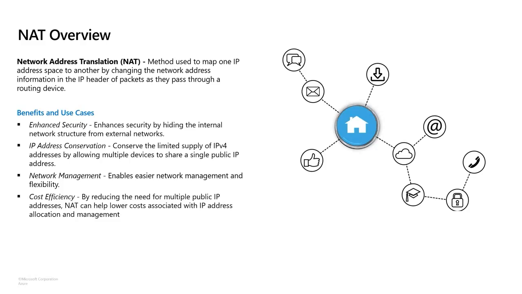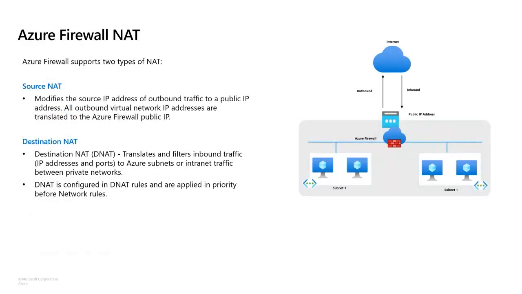Having refreshed ourselves about NAT, in this next slide we take a look at Azure Firewall Network Address Translation, Azure Firewall NAT. When traffic passes through an Azure Firewall, it can perform NAT to translate the source or the destination IP addresses and the ports of these packets.